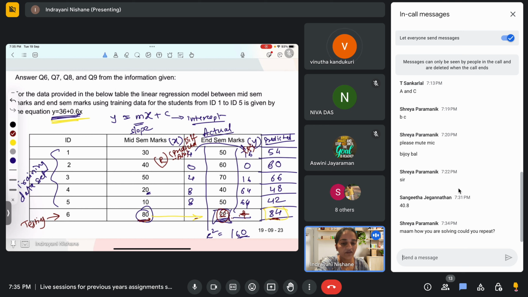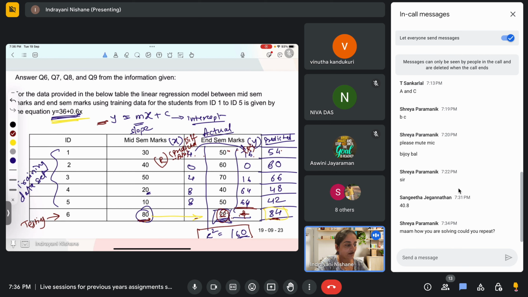We are just predicting that for a student scoring 80 marks in mid-sem, his end-sem performance might be around 84. So how do we evaluate whether our model is working, what is the strength of the model? For that we have to calculate the r square. For r square we always consider the difference between the actual value and the predicted value and square that difference. Since our data set size is 5, we add these squared values to get the r square for the model, for all 5 data values.